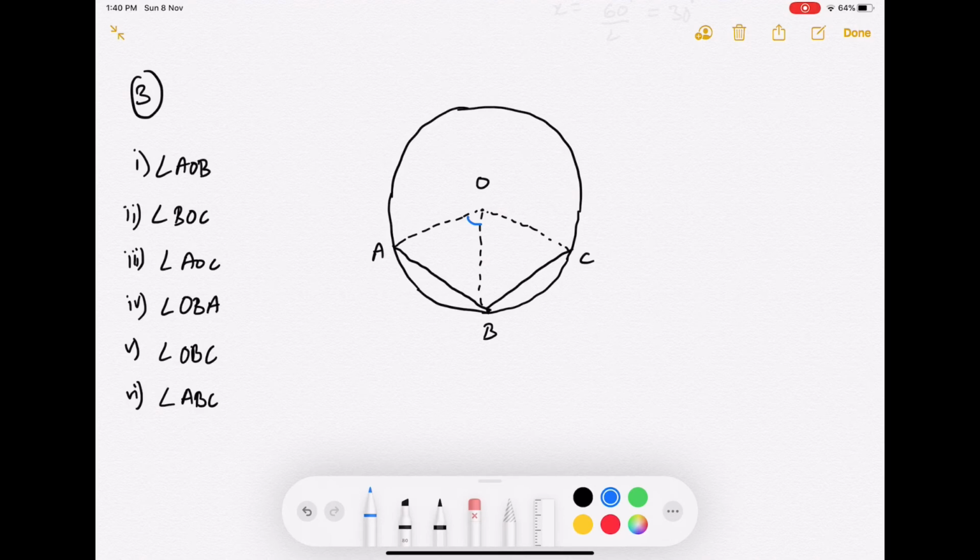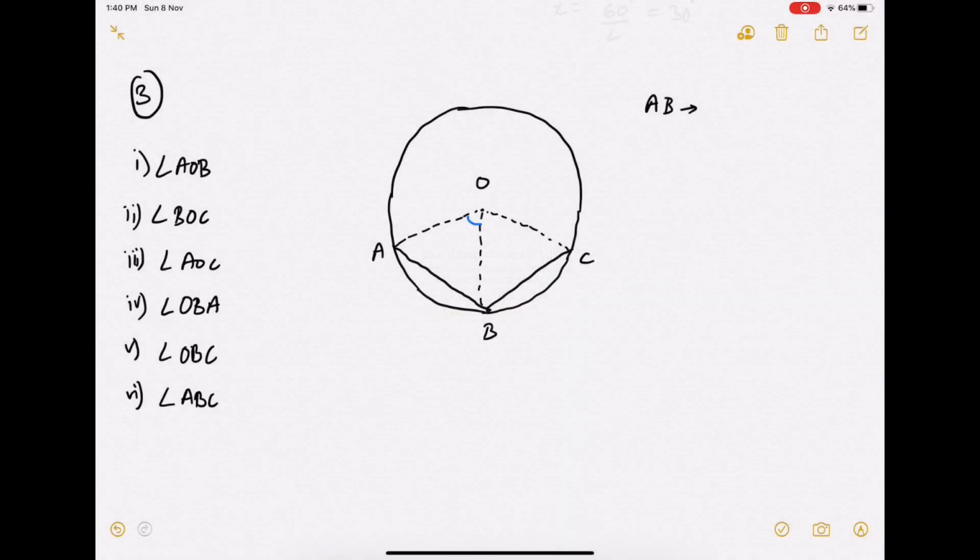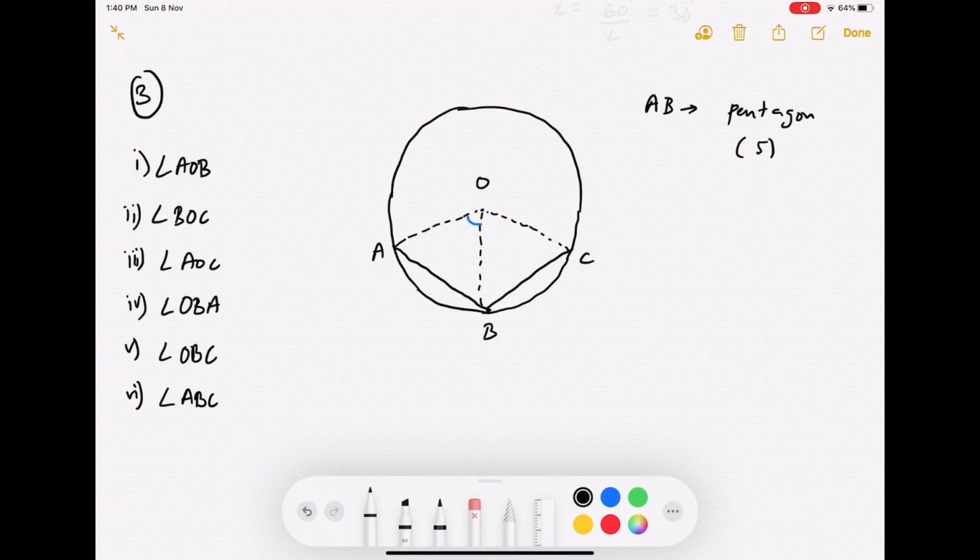So since AB is the side of a regular pentagon, we know that it has 5 sides. Okay, and we know the property of a chord. So since AB is a chord of the circle and AB is also a side of a regular pentagon, therefore the angle which AB subtends at the center can be found out by taking 360 degrees divided by 5, because the pentagon has 5 sides.